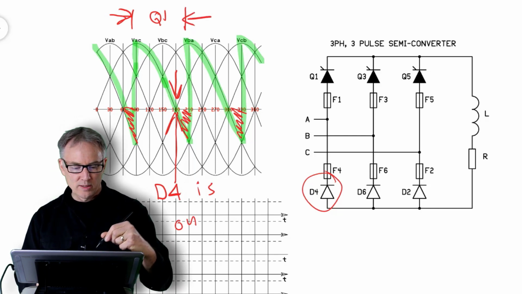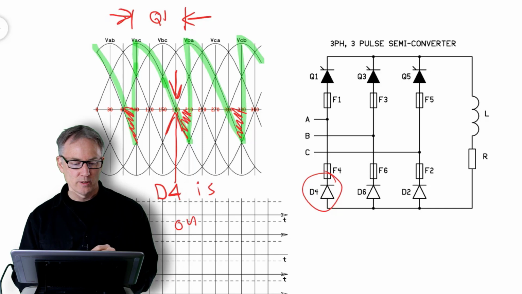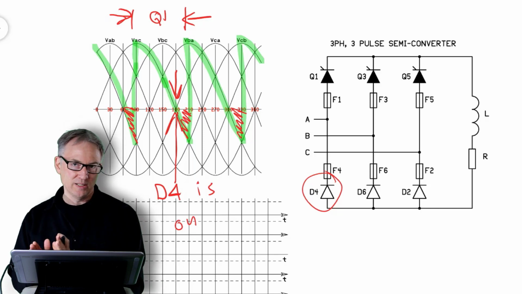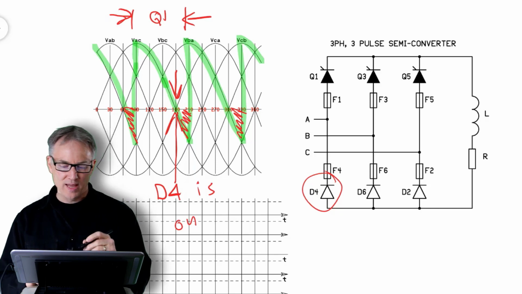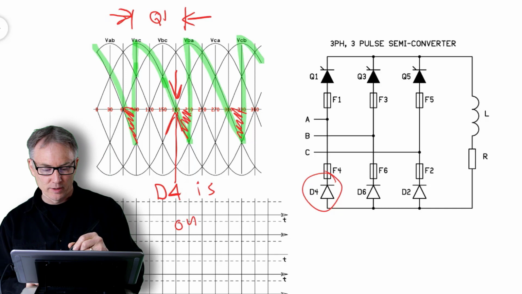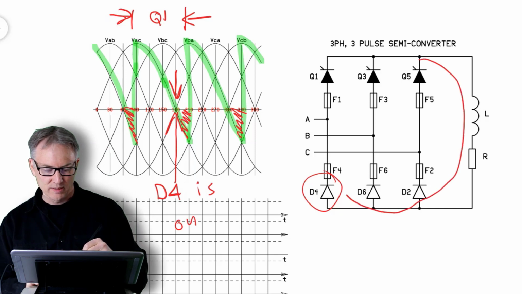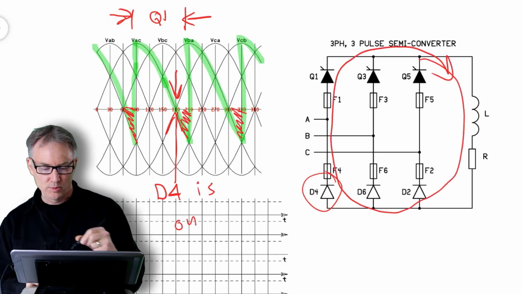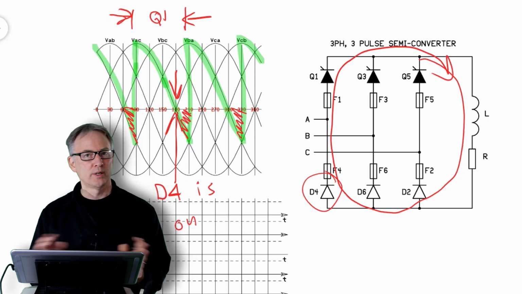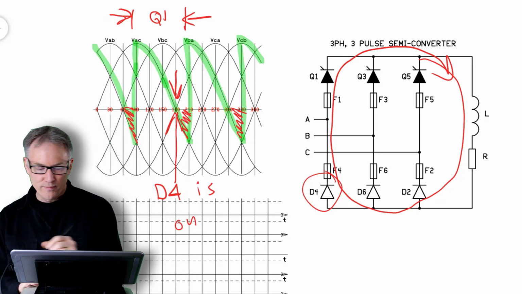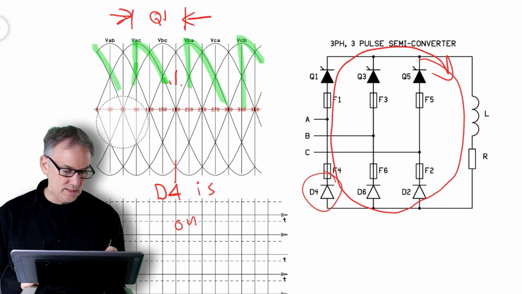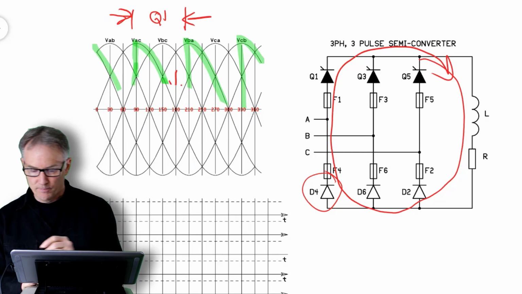So if Q1 and D4 share that last little piece where the voltage is wanting to go negative, and they're both working together, that means that the current at that point in time would be freewheeling through these two, and no current is going to be drawn from the line. So that means my waveform will actually go flat at that point.